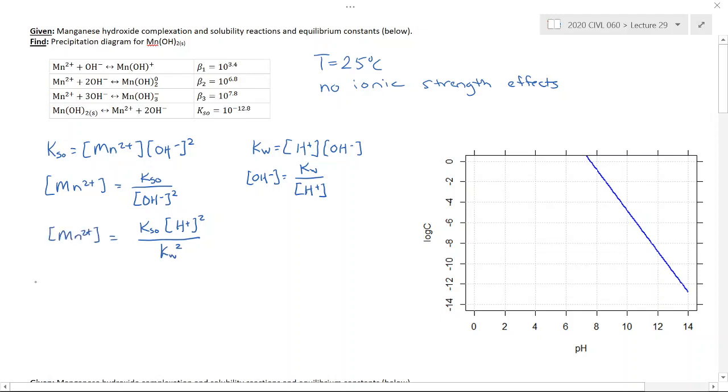And now I'm going to take the log of both sides. So I have log manganese is equal to log KSO plus 2 log hydrogen minus 2 log Kw.